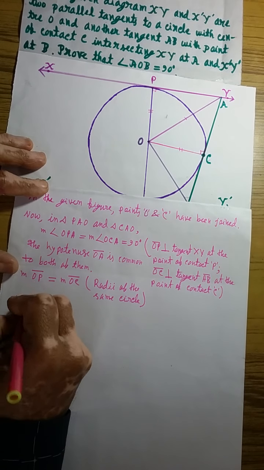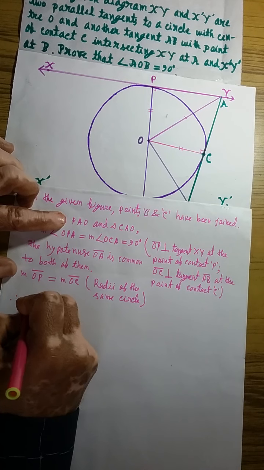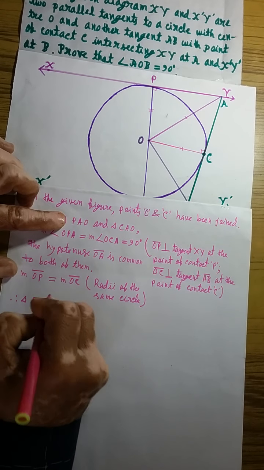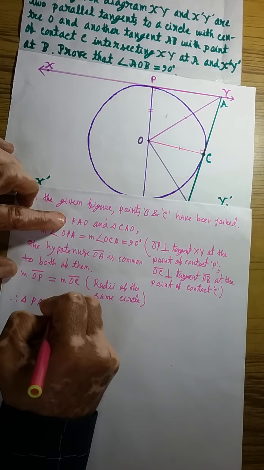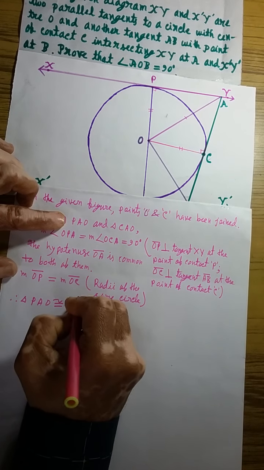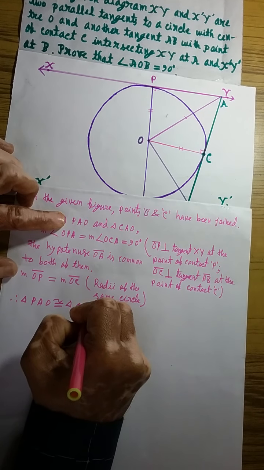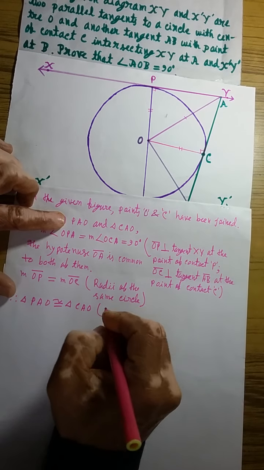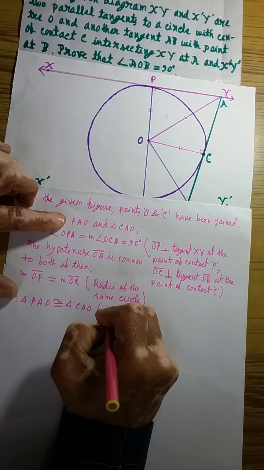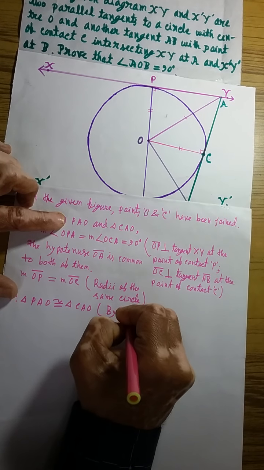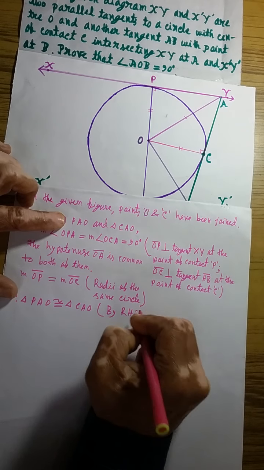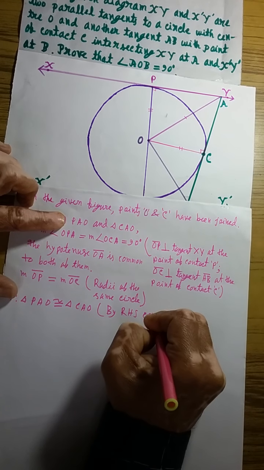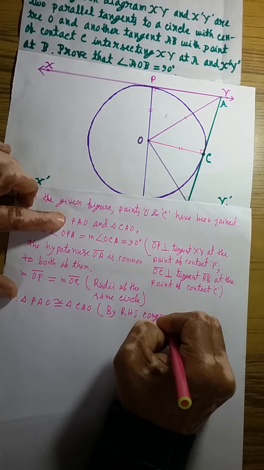Therefore, triangle PAO is congruent to triangle CAO. Write within bracket, by RHS congruency.